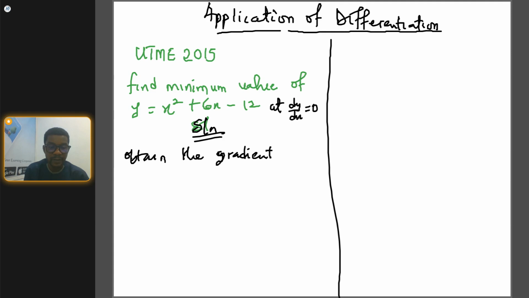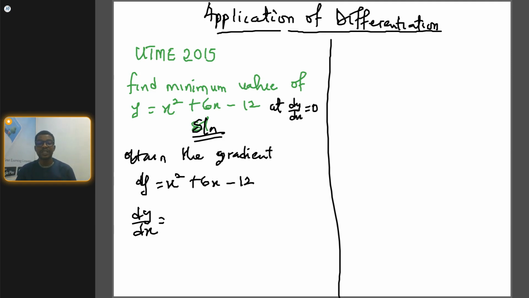that is dy dx, we have y equals x squared plus 6x minus 12. Let's get dy dx. dy dx means differentiating with respect to x. Differentiate x squared. The invisible 1 is here. Take the 2 and multiply by 1, that is 1 times 2, and close it in brackets.